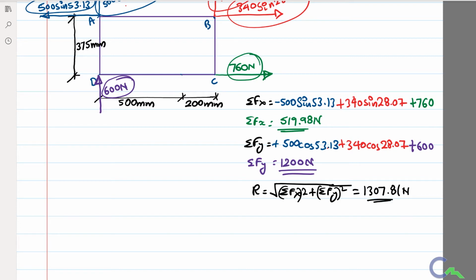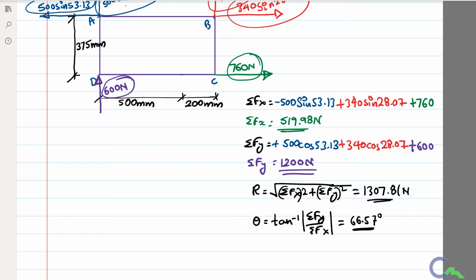After getting the resultant, we can find its direction, that is theta equal to tan inverse of mod sigma Fy divided by sigma Fx. So we will get 66.57 degrees as the direction of the resultant. Now I am going to show this resultant in the diagram.